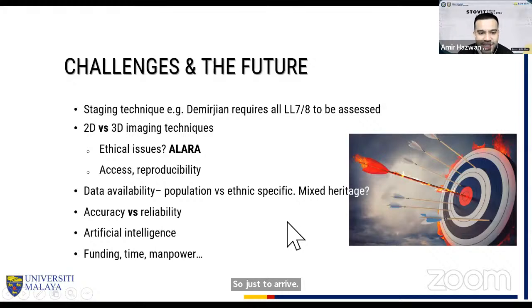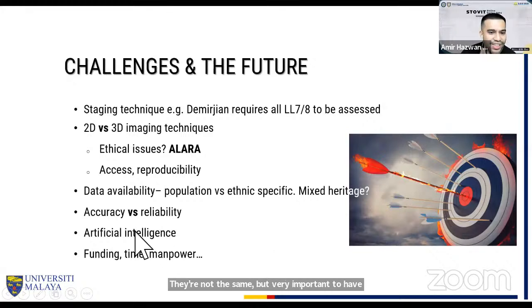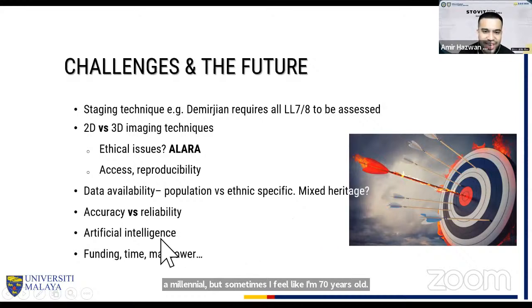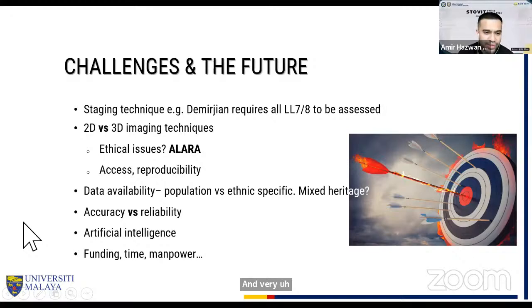And of course, you cannot talk about age estimation without these two words, artificial intelligence. I'm a millennial, but sometimes I feel like I'm a 70 year old man. I'm very scared of technology, but I think we shouldn't be. We have to embrace it.